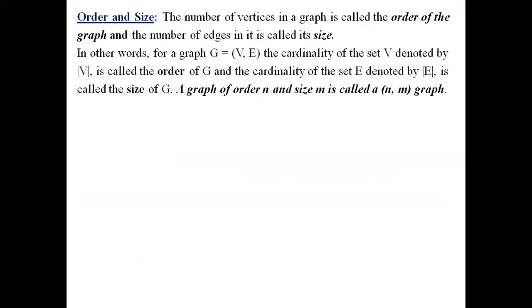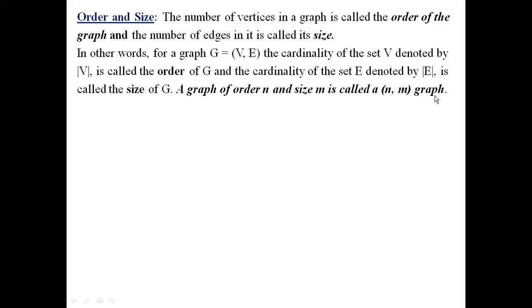In other words, for a graph G = (V, E), the cardinality of the set V, denoted by |V|, is called the order of G and the cardinality of the set E, denoted by |E|, is called the size of G. A graph of order n and size m is called an (n, m) graph.